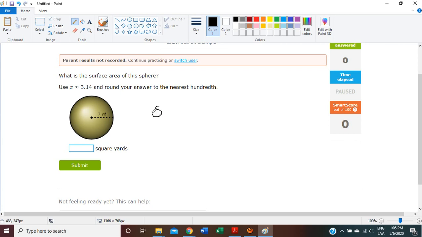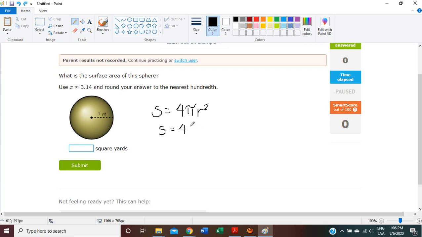The surface, I'm going to write it as an S, is going to be 4 times pi times the squared radius.